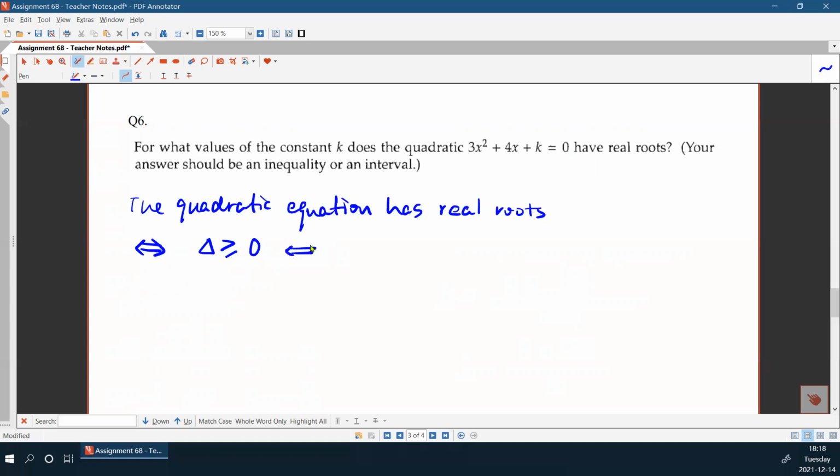Which means, so tell me how to calculate the determinant. Determinant is b squared minus 4ac, right? Remember that?